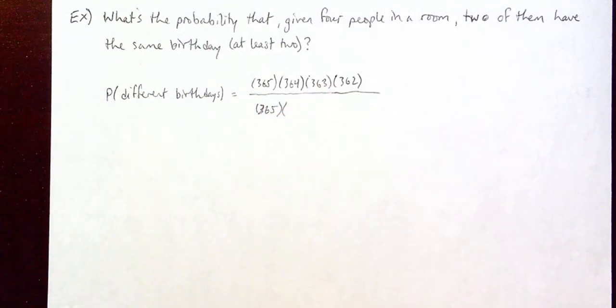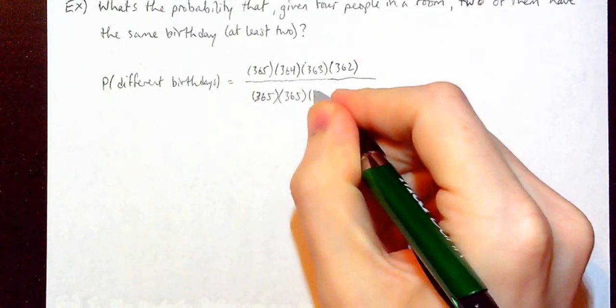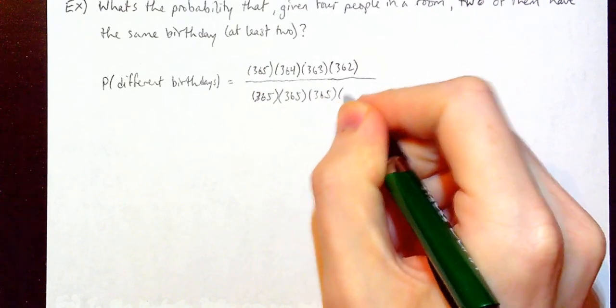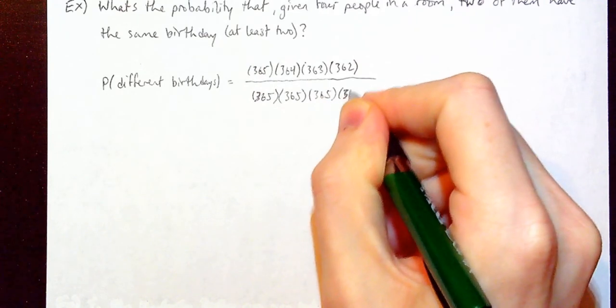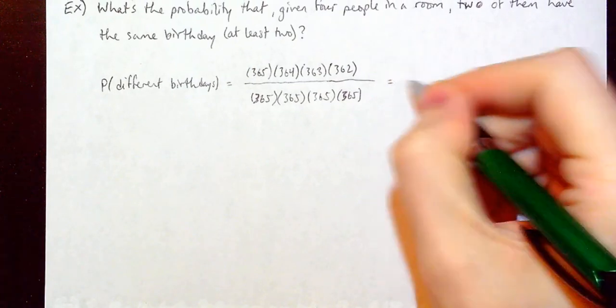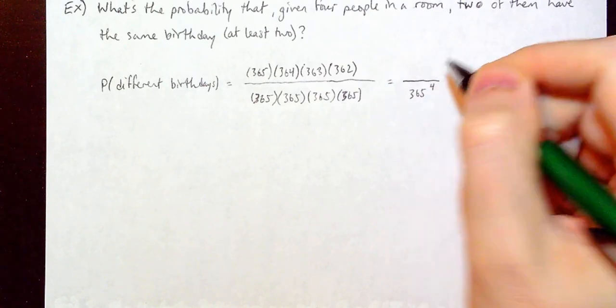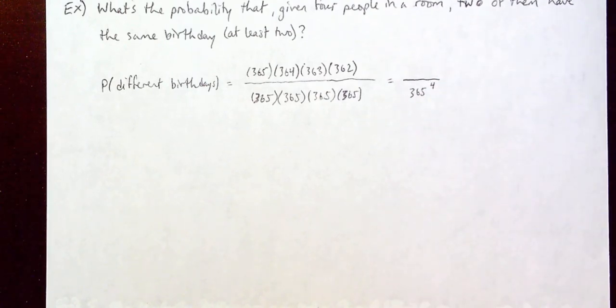The second person, in theory, can have any one of 365 birthdays. And similarly for the third and the fourth. So it's 365 times 365 times 365 times 365. That bottom is 365 to the 4th power.